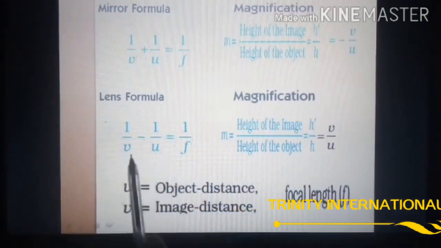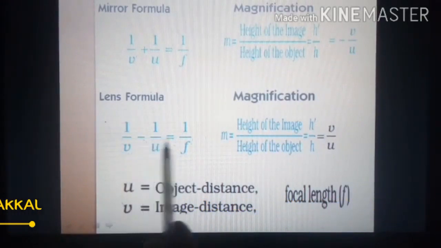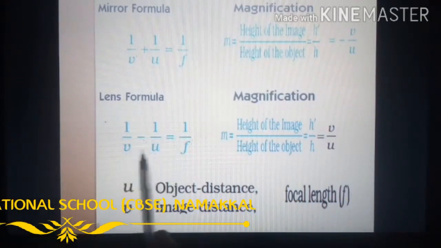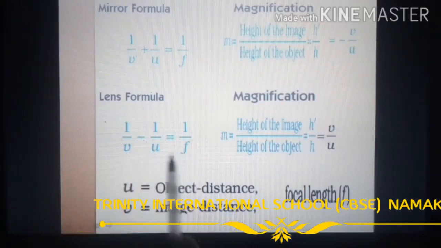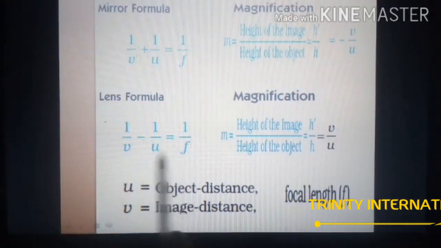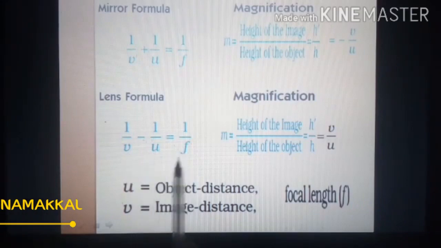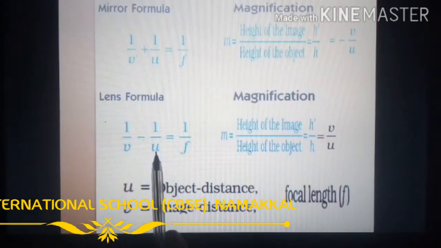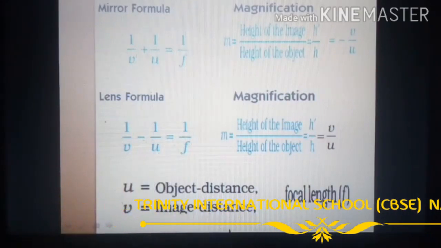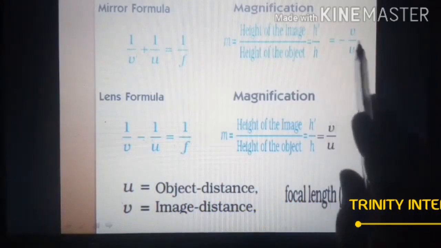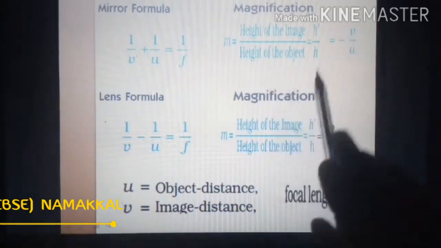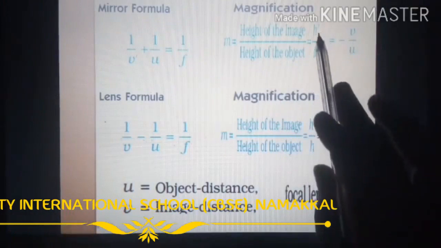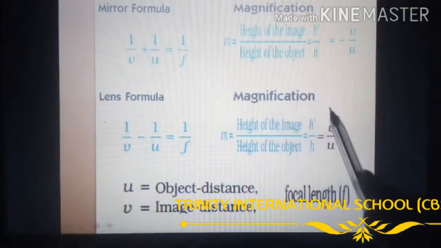If two of the parameters are given, if u and v are given, we can find f. Suppose u and f are given, we can find v. Suppose v and f are given, you can find the object distance u. At the same time, if v and u are given, magnification can be calculated, and if h dash by h is given, magnification can be found.